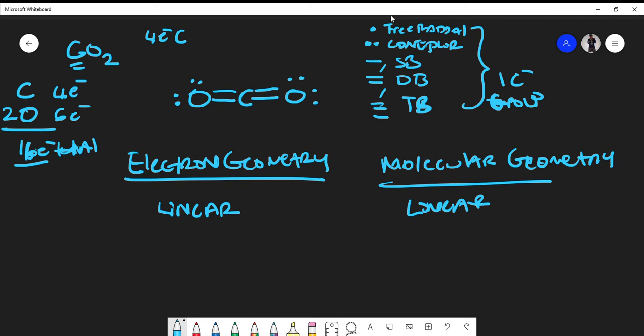Most of the times when your molecular geometry is different than the electron geometry, it's when there's lone pairs present around the central atom. In this case, there's no lone pairs present around the central atom. Again, you could check the table again. You have 2 electron groups, 2 bonding groups, no lone pairs. The molecular geometry should also be linear. So CO2, in fact, is linear.